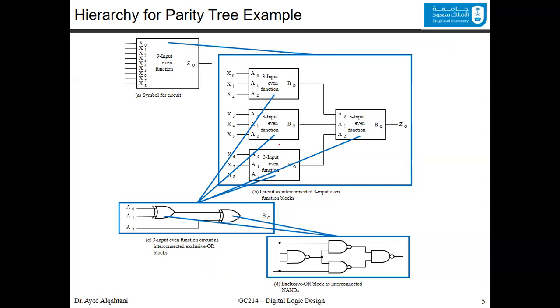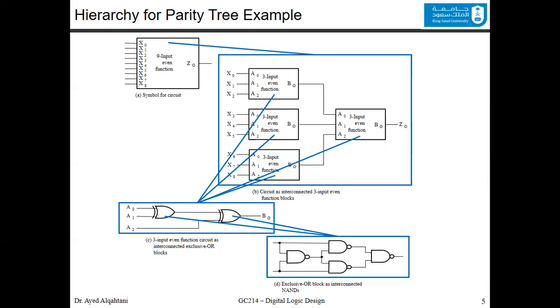Each one of these 4 blocks is actually a 3-input XOR gate that is designed by 2-input XOR gates. And there are 2 versions of them. Each XOR in turn is designed using only NANDs.